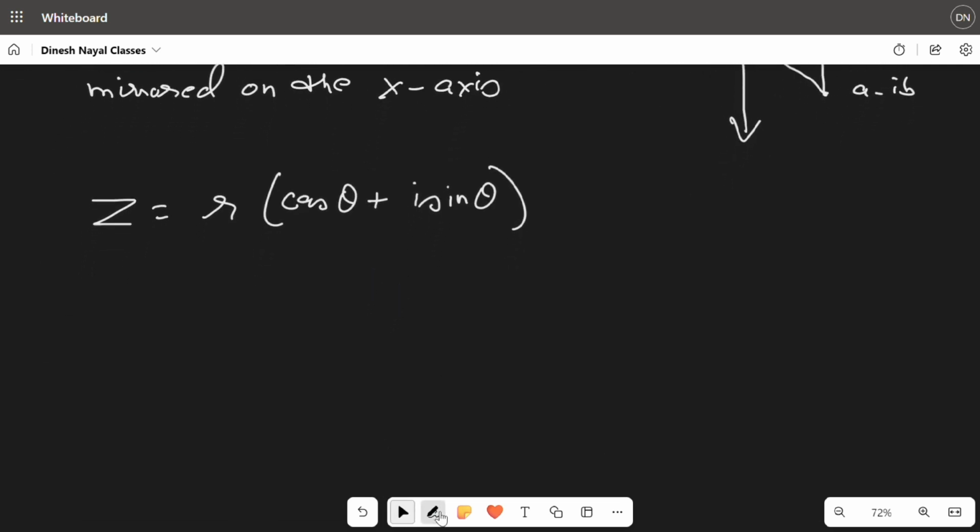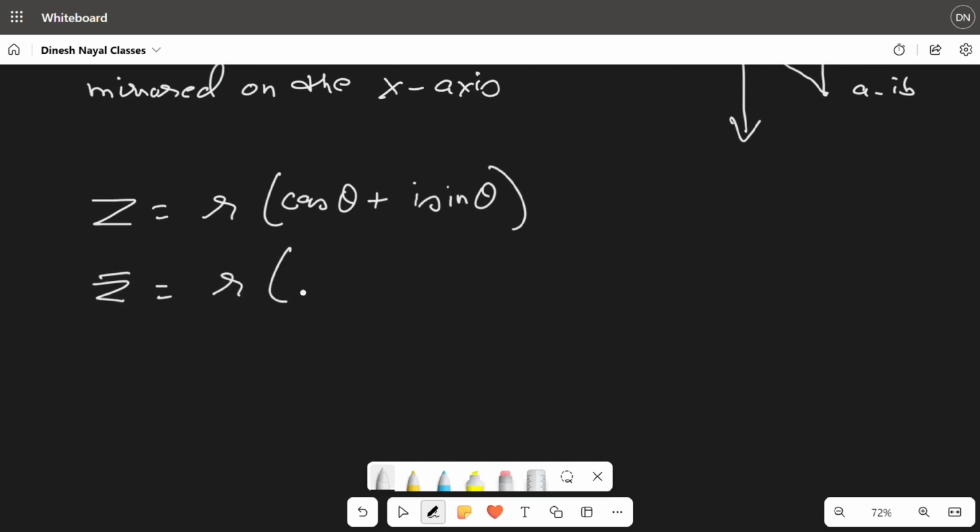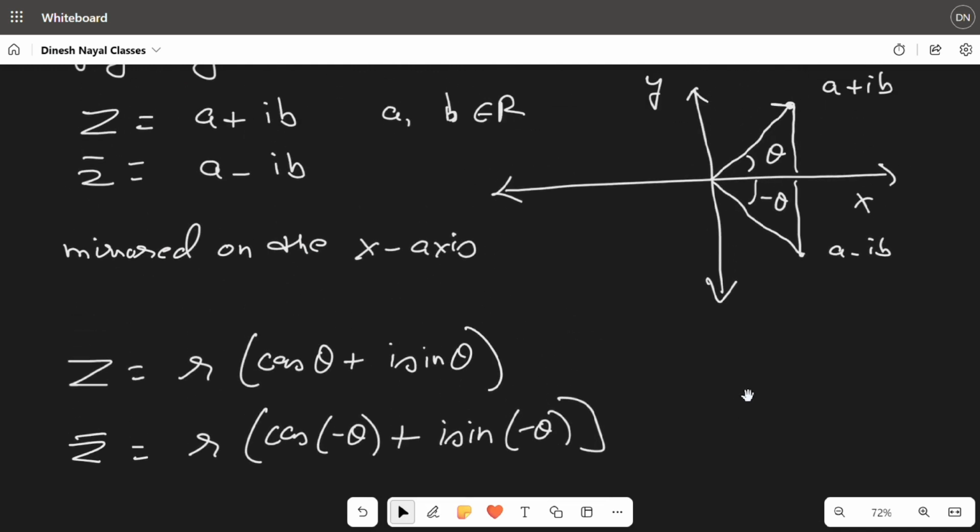So the conjugate of a complex number will be r times cos minus theta plus i sin minus theta, where we take theta as an acute angle. We know that minus theta is in the fourth quadrant, and in the fourth quadrant cos is positive.